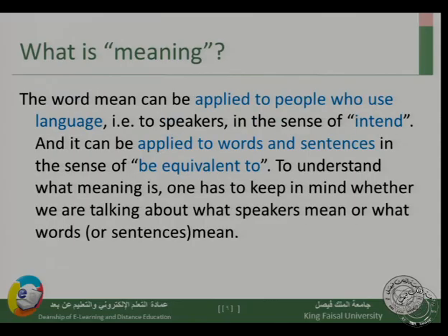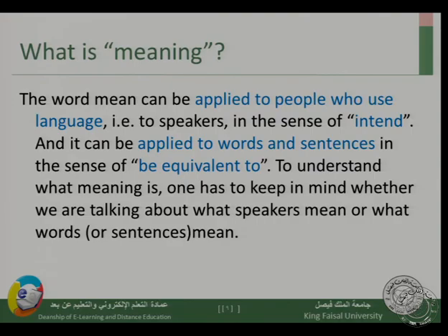So for the purpose of our study here, we are going to give two possible definitions, or two possible ways to look at meaning. The word mean can be applied to the people who use the language. So when you say a speaker means something, the word mean here is used in the sense of intent.